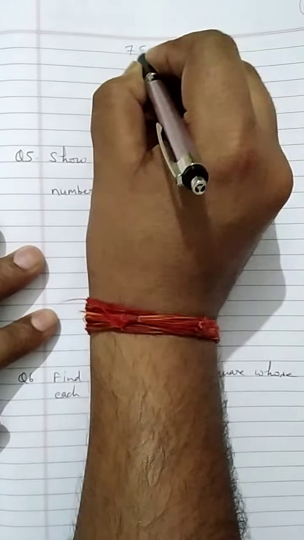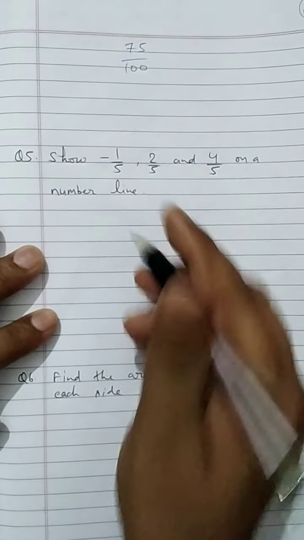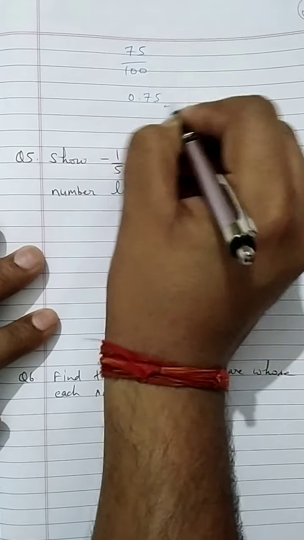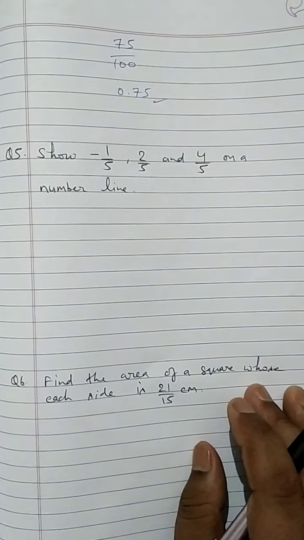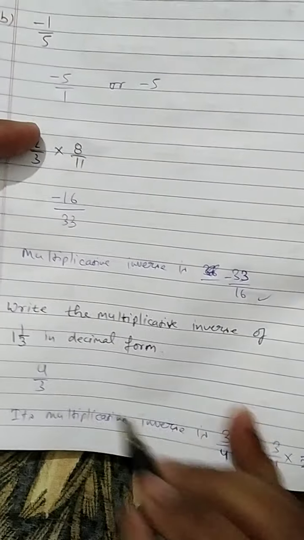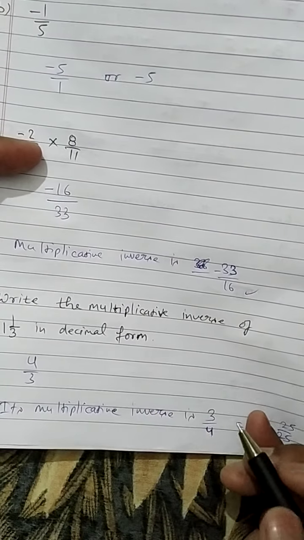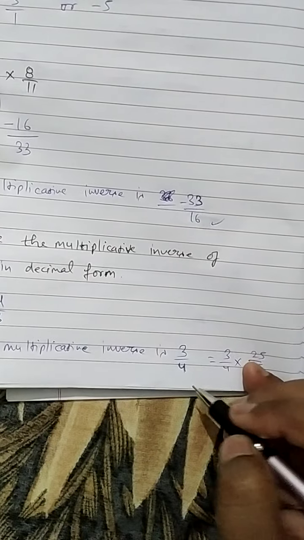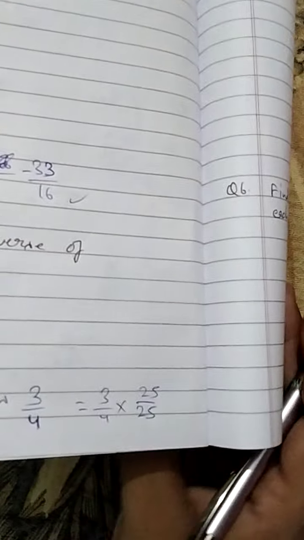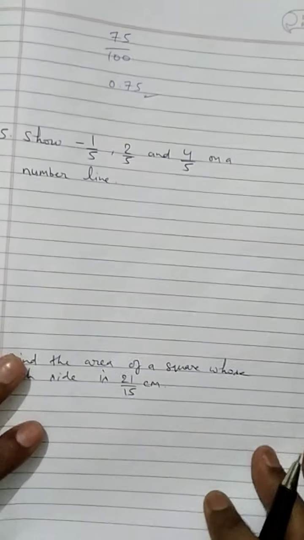So it is 75 upon 100, and it is simply 0.75. So 0.75 is the decimal representation of the reciprocal of 4 upon 3, that is 3 upon 4. So if we write 3 upon 4 or we write 0.75, both are the same.